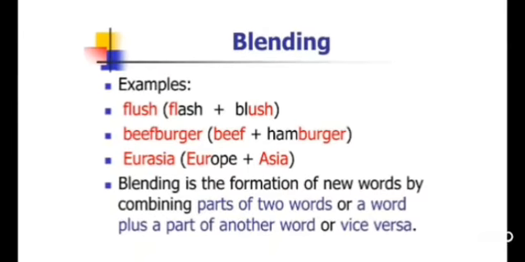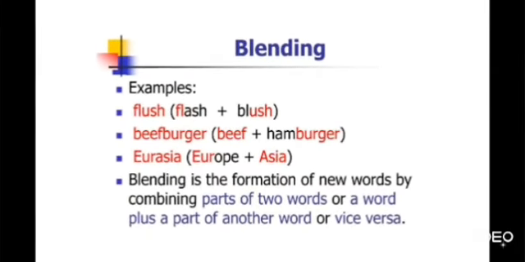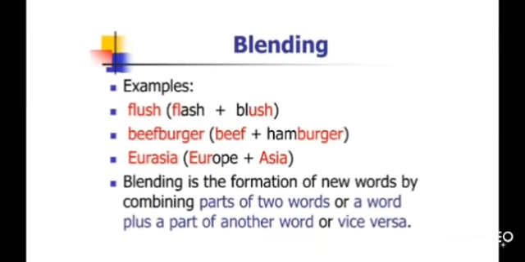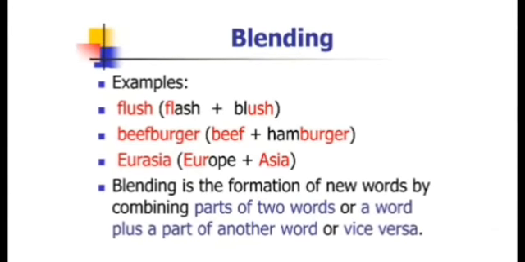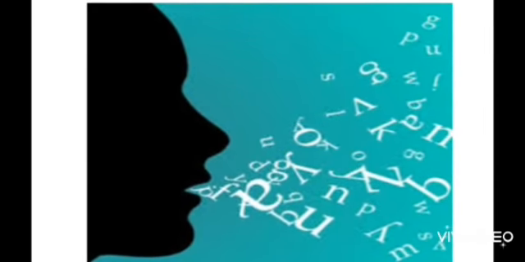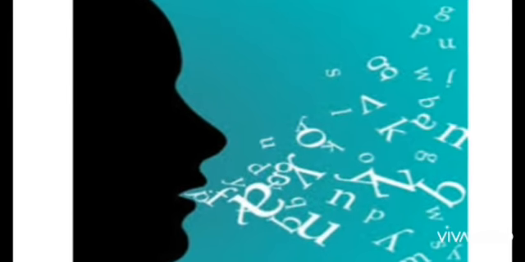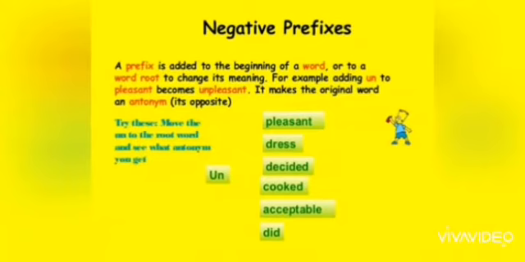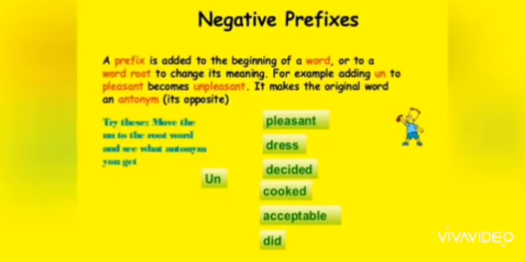Blending is the formation of a new word by combining parts of two words, or a word plus a part of another word, or vice versa. Example, flash plus blush. Beefburger, beef plus hamburger. Eurasia, Europe plus Asia.